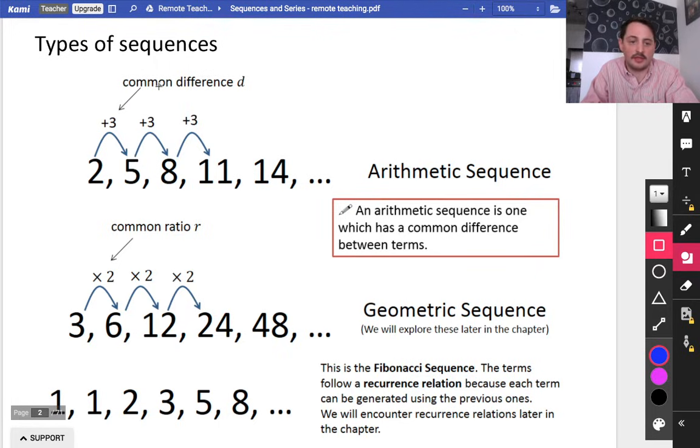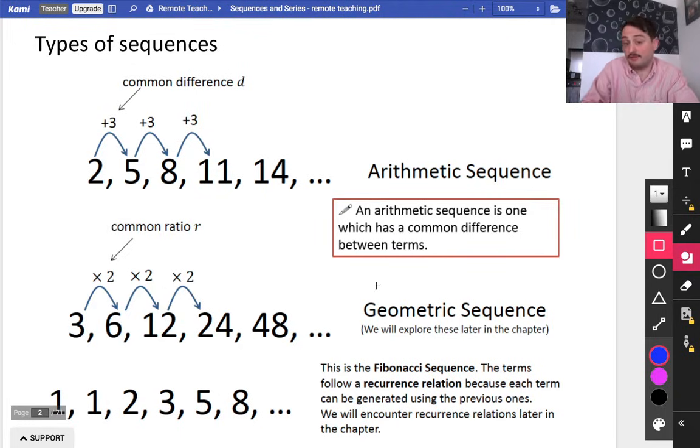So we would say that the common difference, this is a new piece of language we might use here, for this one is a positive 3, or just 3. If it was going down each time, we would obviously say that its common difference was a negative number instead. So I've written here, an arithmetic sequence is one which has a common difference between terms. Each time it moves along, it's going up or down by the same amount.